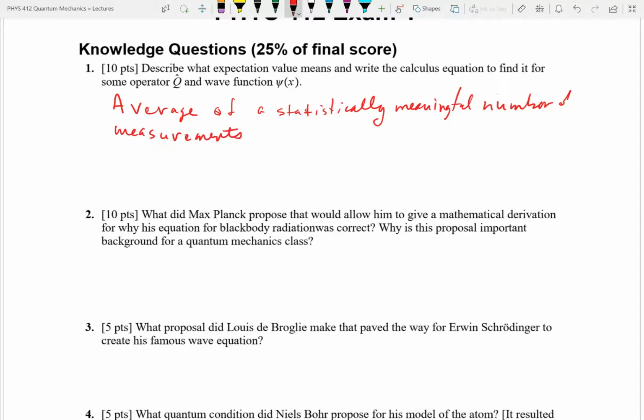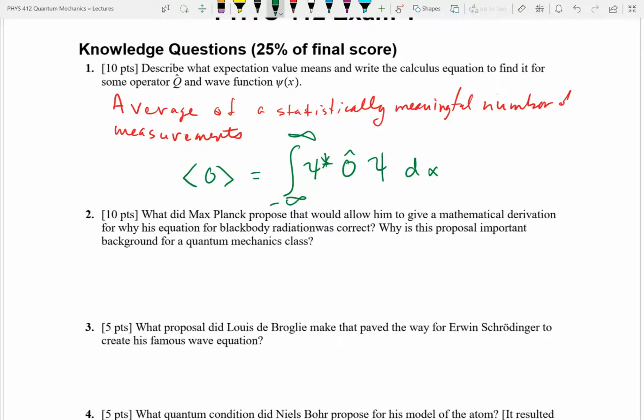And how do you calculate that? I put dx, and I'll put minus infinity to plus infinity, but that's making assumptions that we're in physical space.